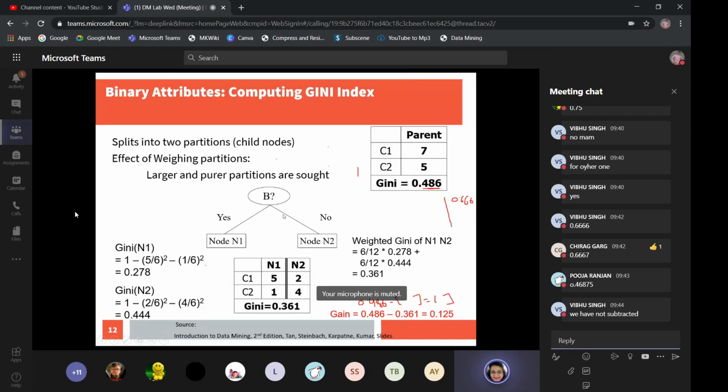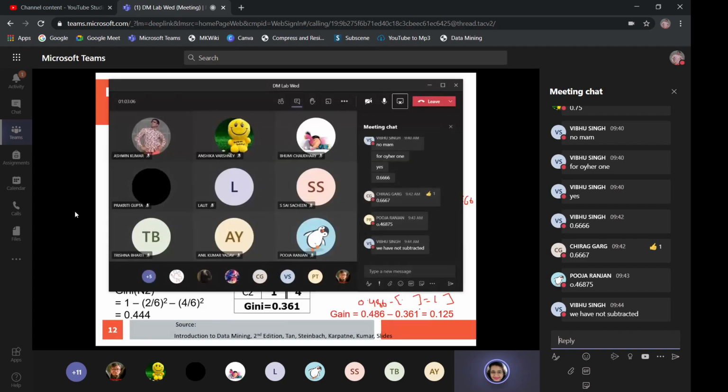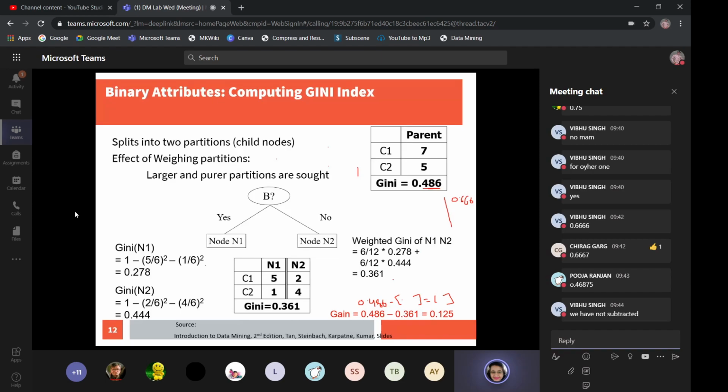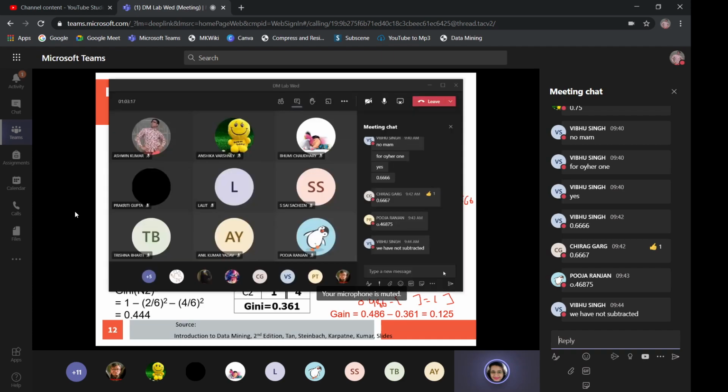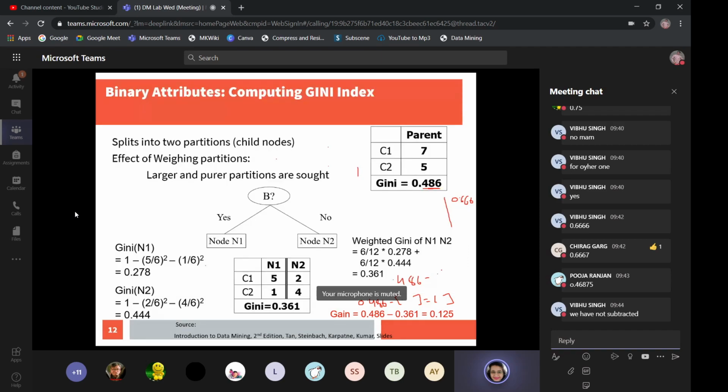So what is the answer? 0.486 minus 0.468. Now this seems to be correct. So whatever is giving you the higher gain will be the split that you will be choosing.